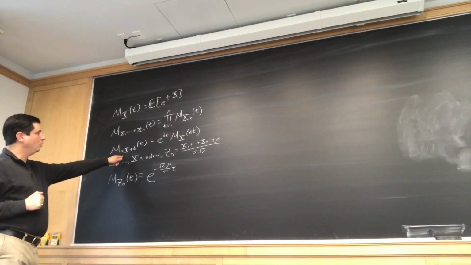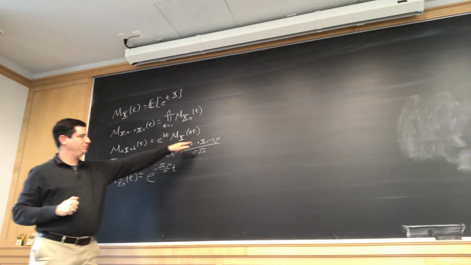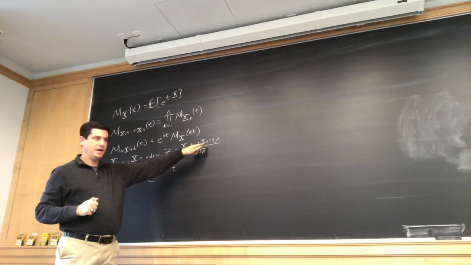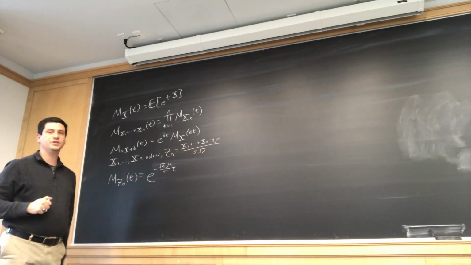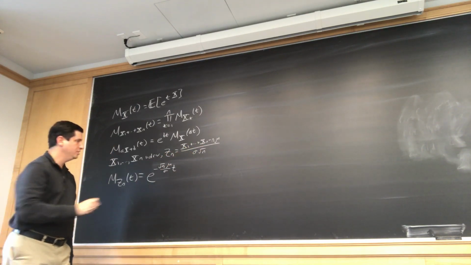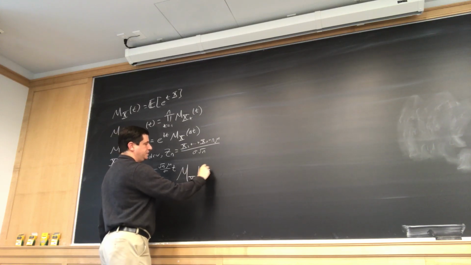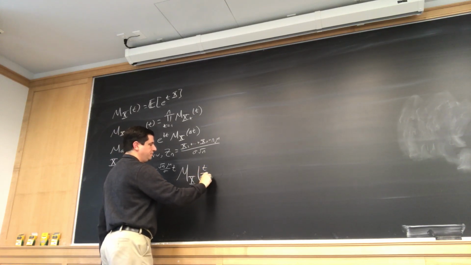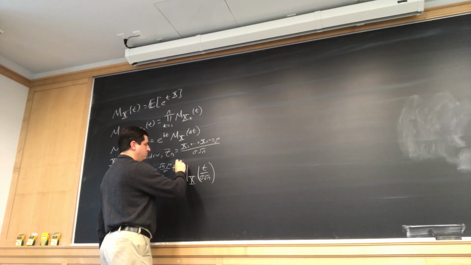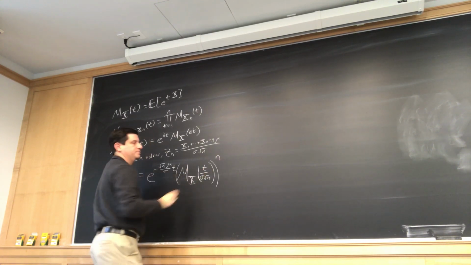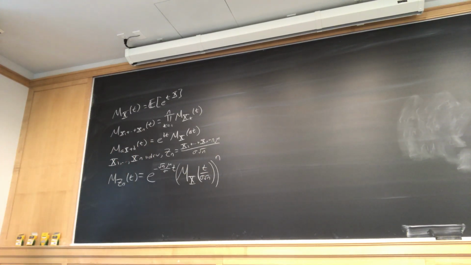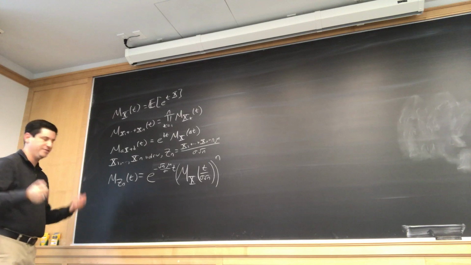And then for all the other ones, we have a product from this, and then each one of them has a equals 1 over sigma root n. So we just get Mx of t over sigma square root of n, and then we're going to raise this to the nth power. So all I've done is I've just written down on the board what we had before. It's just been a while, it's good to just have it back on the board.